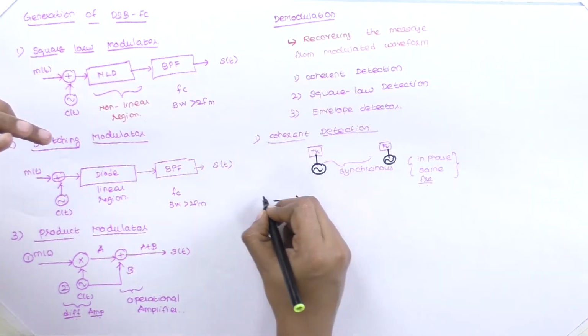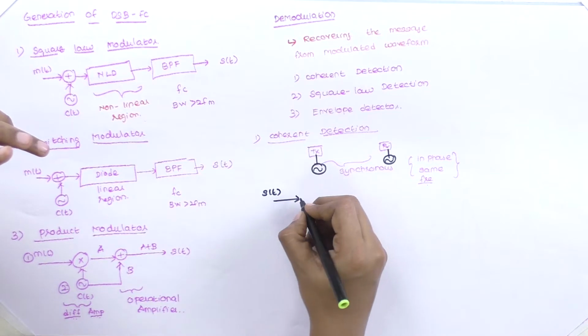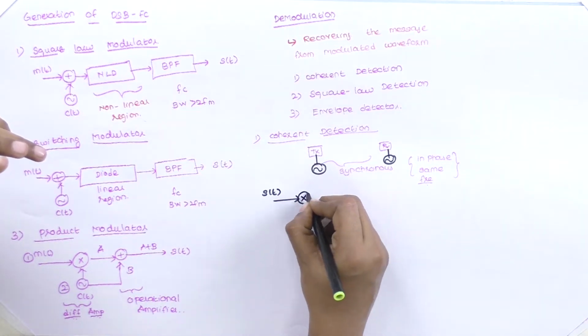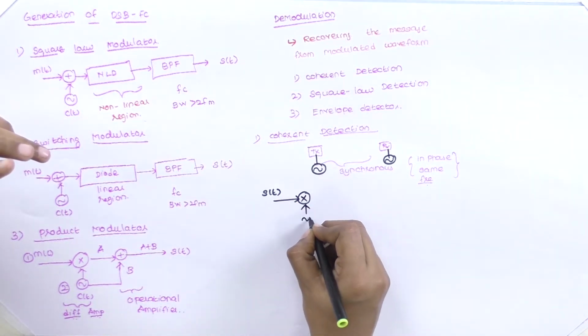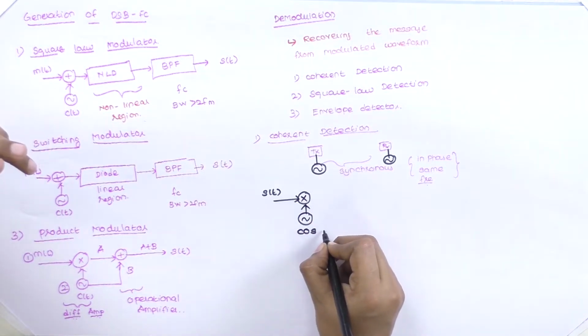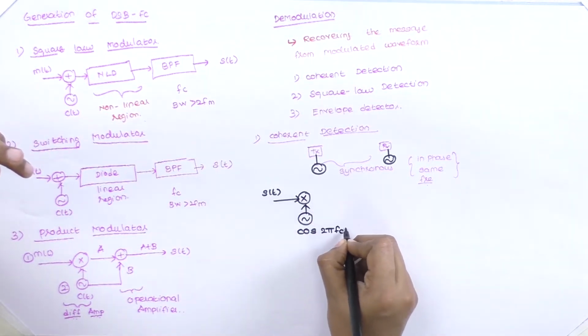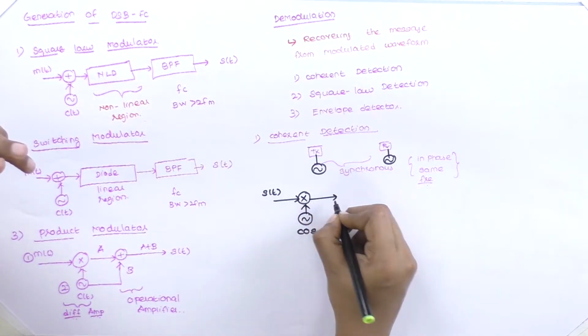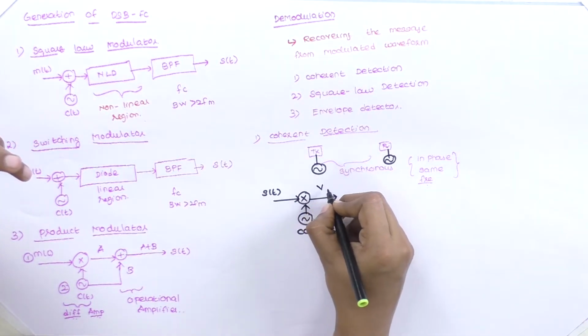Now our input signal is S of t, which is applied to the multiplier with cos 2 pi fc t. This is our resultant vector. We call it V naught of t.